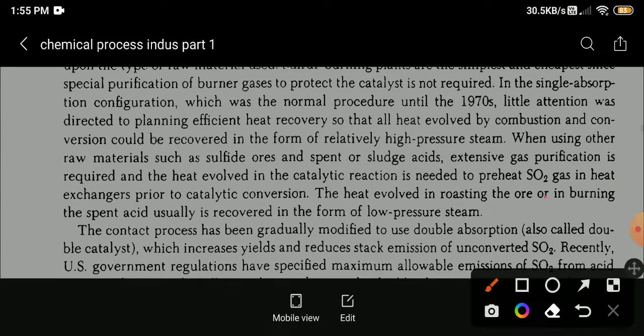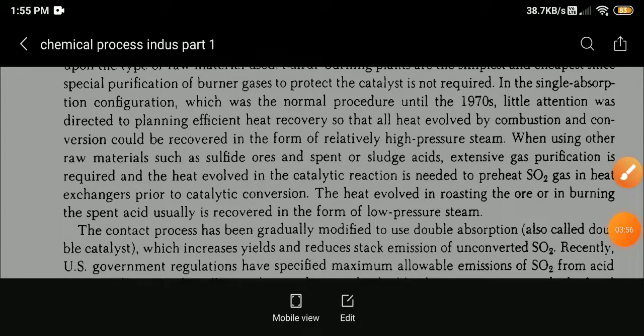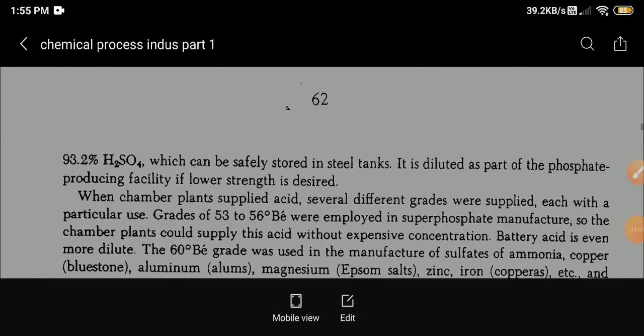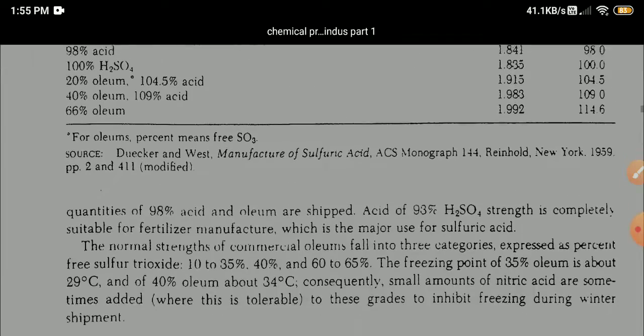Okay, now start the properties of sulfuric acid.